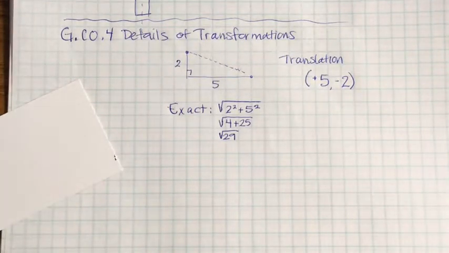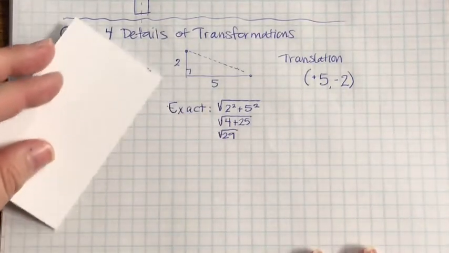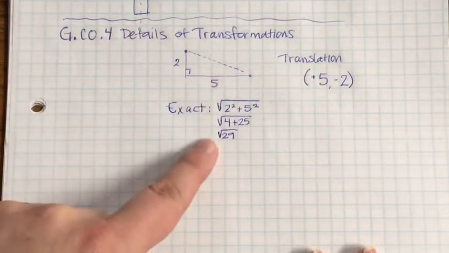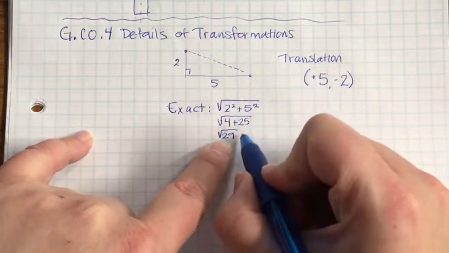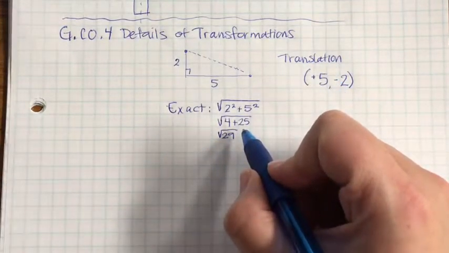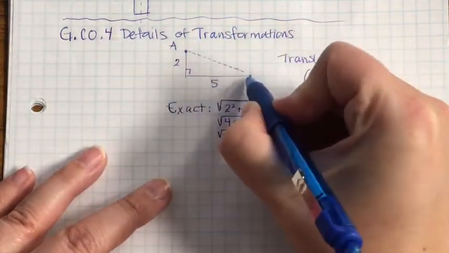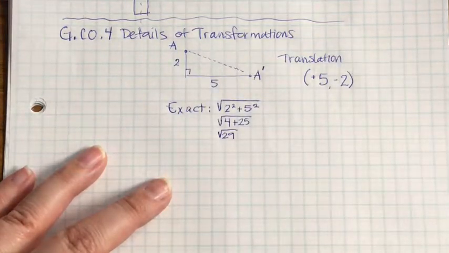So it'll ask for all those lengths. And if I moved one corner of my figure that square root of 29, and it was an honest to goodness translation, all of them would move that distance. So let's call this one A, and once I moved it, it would be A prime. Do you guys remember doing A prime when you move things?